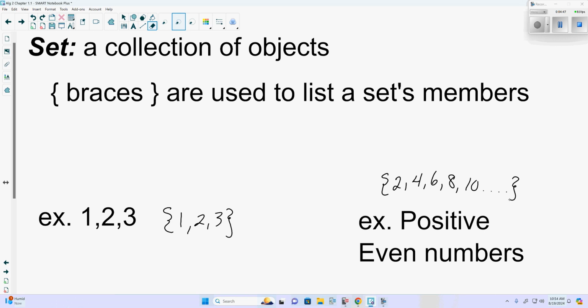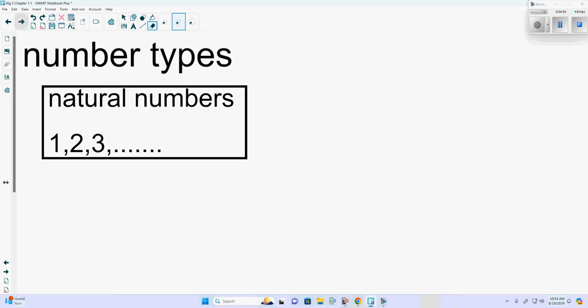Now, there are specific sets of numbers, groups of numbers, and we call them number types. This is the first year I actually have this all on one slide for your notes; in your staff has been broken up into individual slides. In the very center, we have what we call the natural numbers.